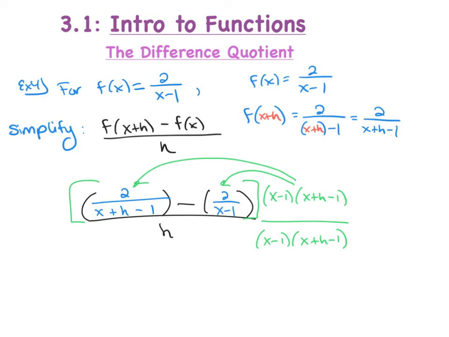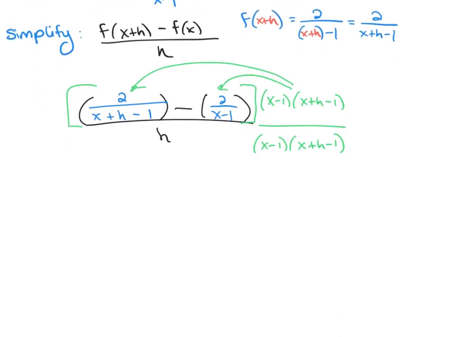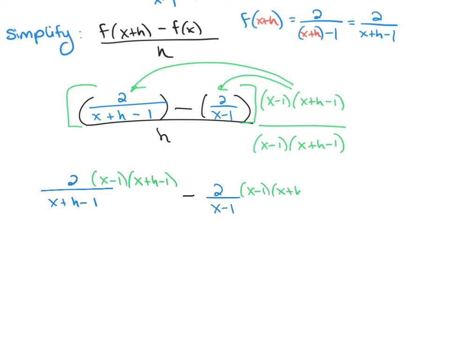Okay, so here's what that's going to look like. Let me scooch this up a little bit. 2 over x plus h minus 1 will be multiplied by x minus 1, x plus h minus 1, minus 2 over x minus 1 multiplied by x minus 1 times x plus h minus 1.